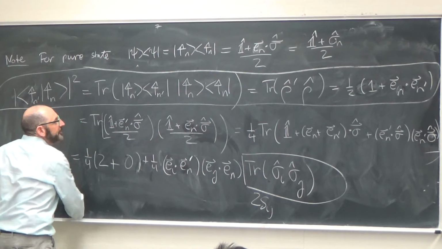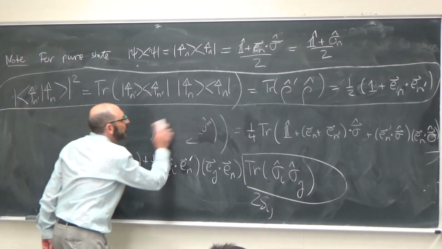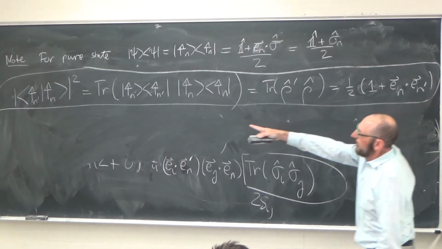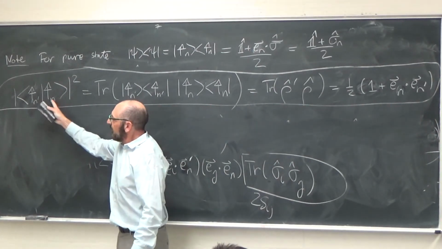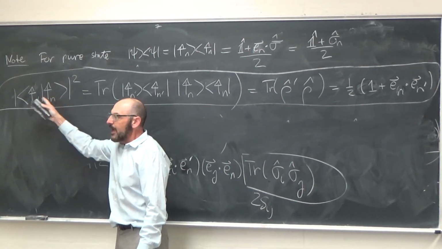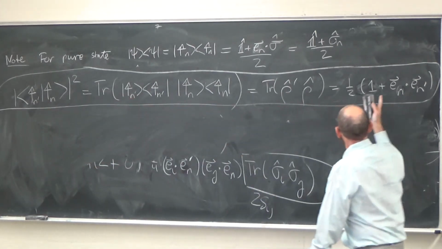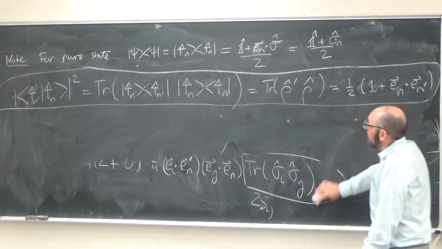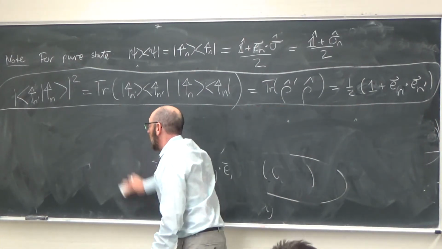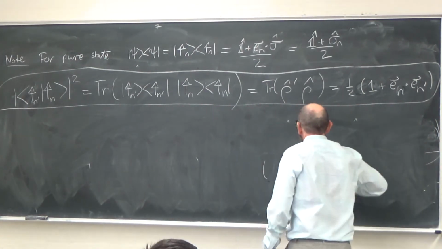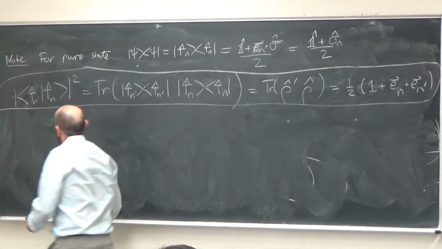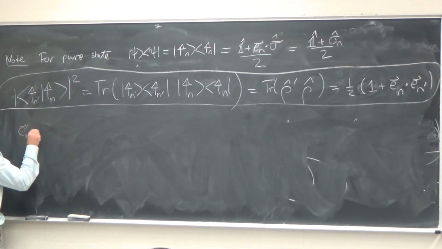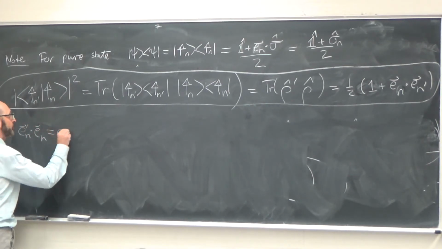So what this says is exactly what we were saying before. The dot product between the vectors in Hilbert space, the bracket, is not the same as the dot product here, but it's related. In fact, let's say that the 2 vectors in physical space, the directions n and n prime, have some angle between them.